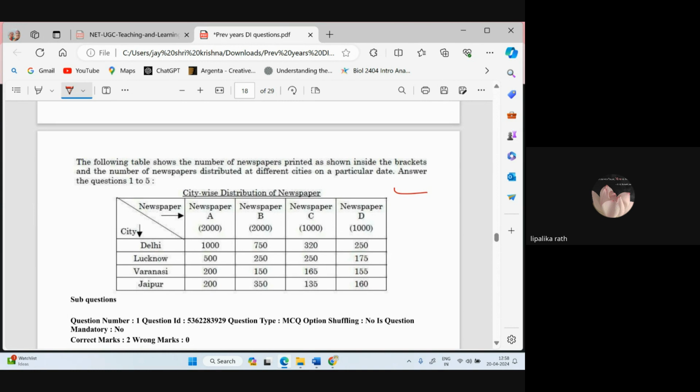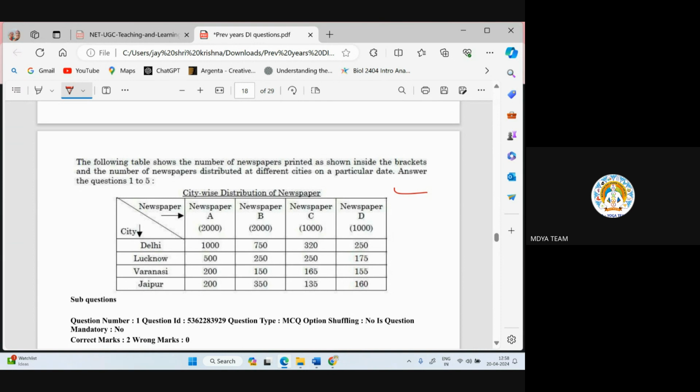So here, city names are there and newspapers are there, say newspapers A, B, C, D. In city Delhi, how many newspapers are distributed from A? All the cities' data is given here.